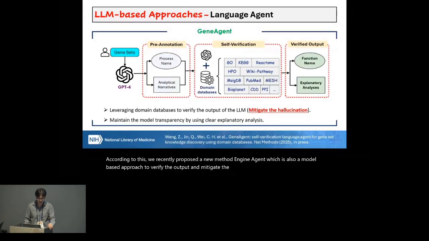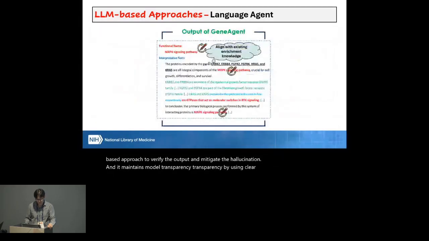And it maintains model transparency by using clear explanatory analysis. We also reviewed the results and learned that all the results are aligned with the existing enrichment knowledge, but still some of them are not aligned with the experimental condition, because that information wasn't provided and wasn't considered to tell the method about the gene set analysis.